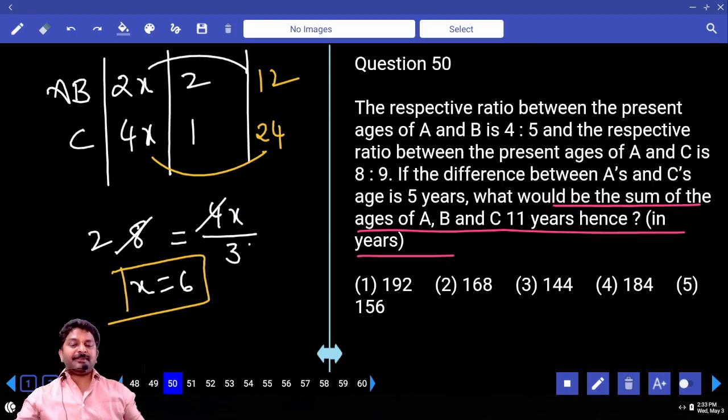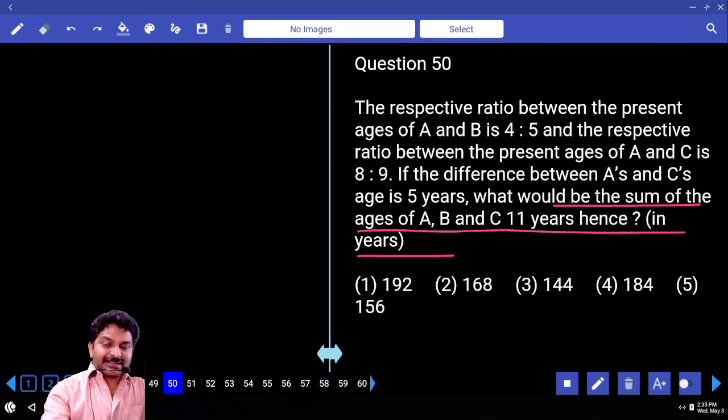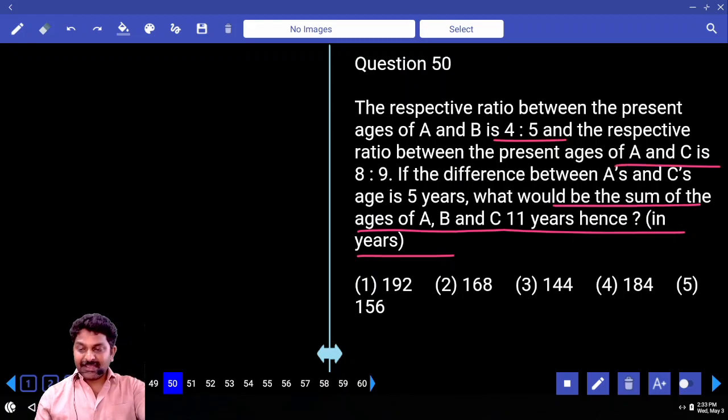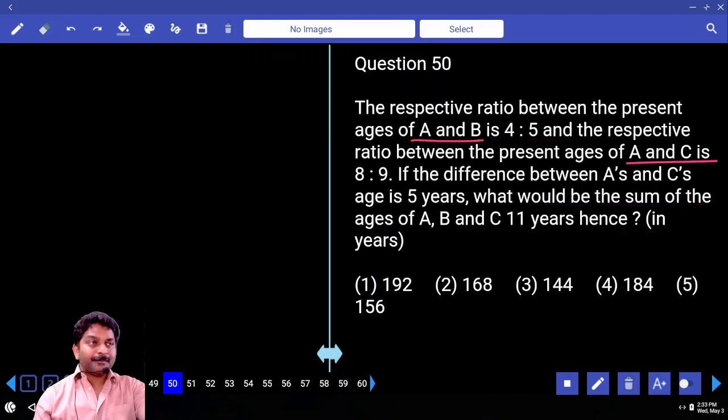The respective ratio between the ages of A and B is 4:5. The ratio between the ages of A and C is 8:9. If the difference between A and C's age is 5 years, what would be the sum of ages of A, B, C 11 years hence? The AB ages ratio, the AC ages ratio. Who is common?